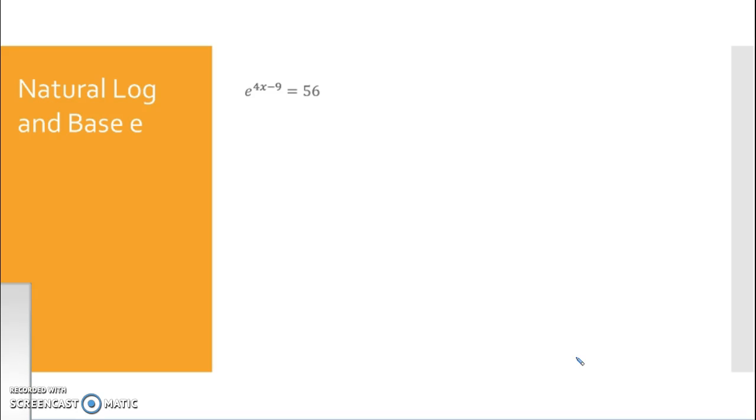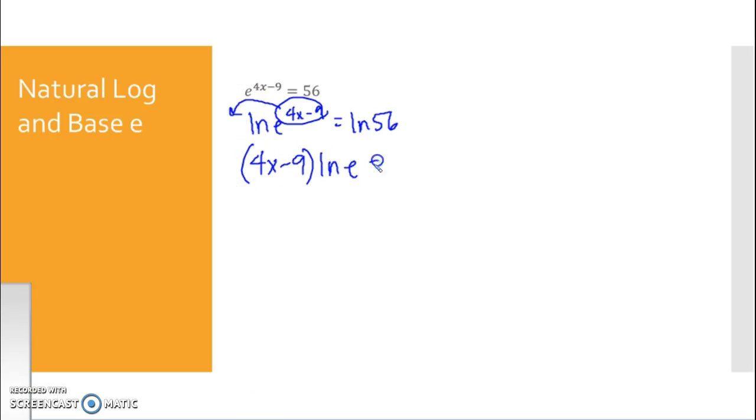And then we looked at natural log and base e. Right, so to solve this, I'm going to take a natural log of both sides. So 4x minus 9, keep it in parentheses, times natural log e equals natural log 56. Natural log e goes away. So 4x minus 9 equals natural log 56.